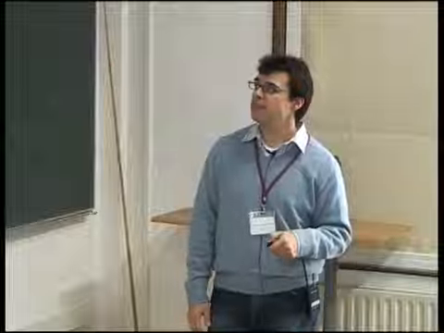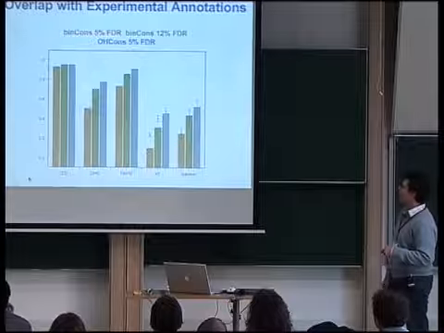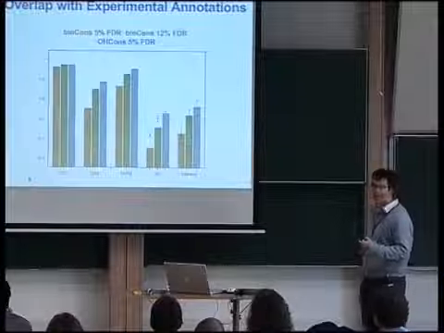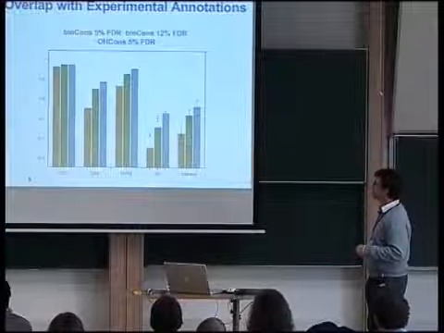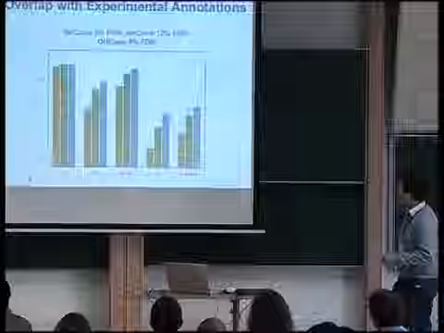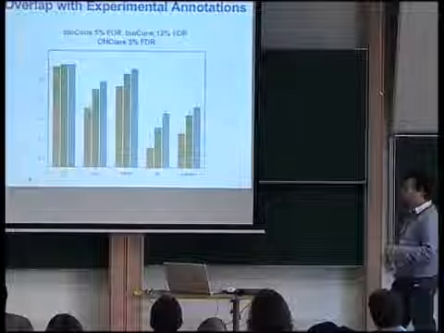And granted, you're taking a big jump when you go from 6% to 12%, but even when you're comparing something that only takes into account this primary sequence versus something that is structure informed, you're also doing a little bit better.